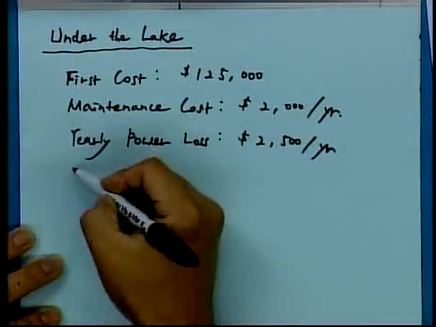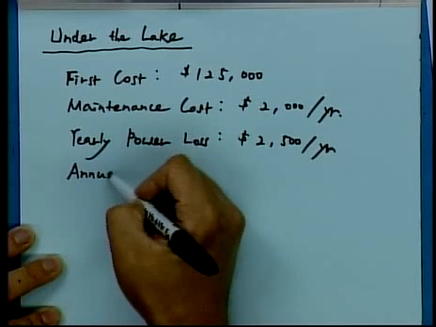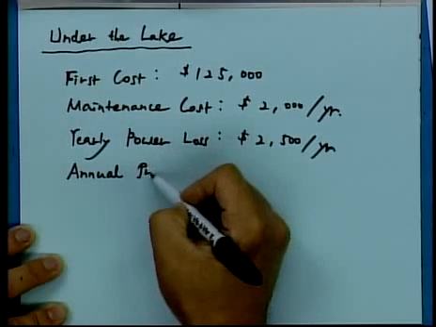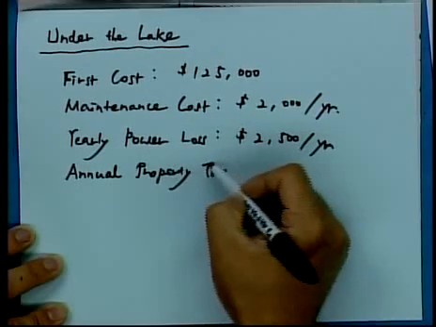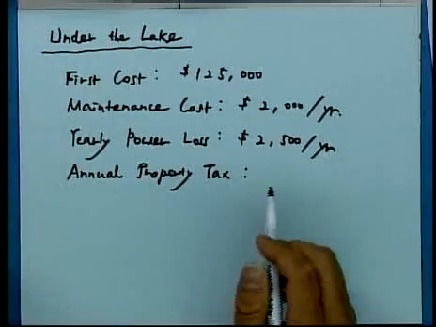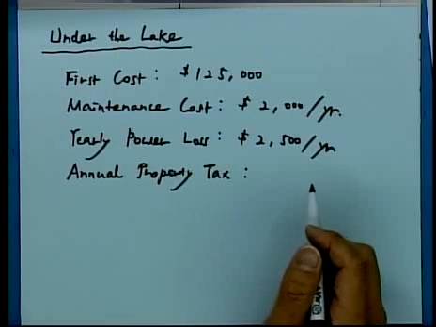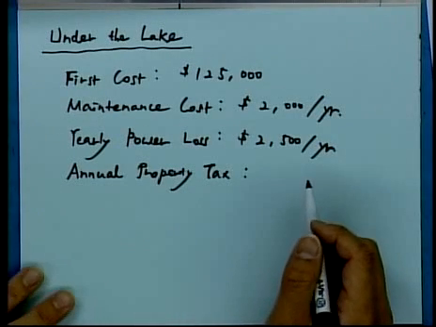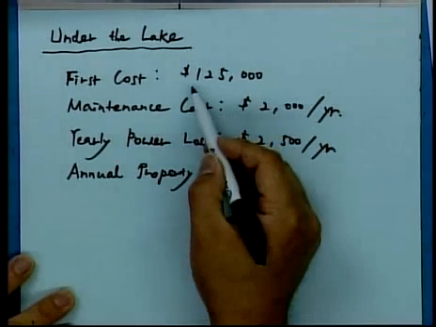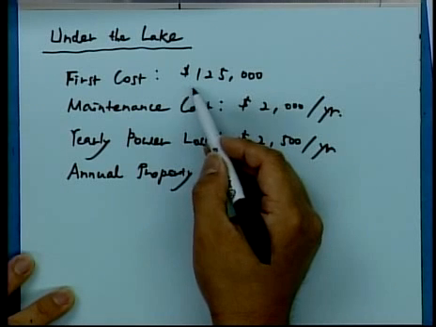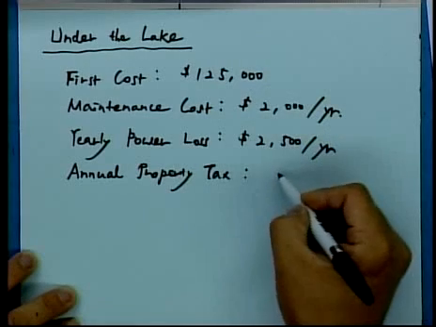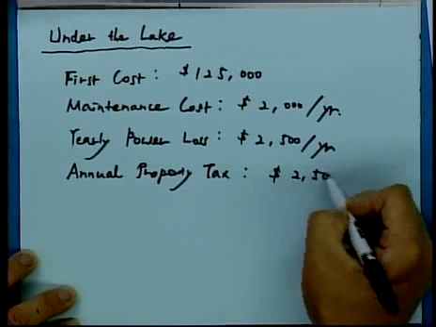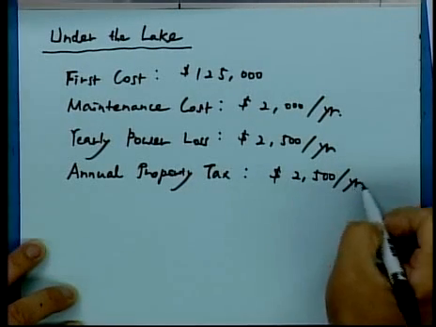And annual property tax, that's going to be 2% of the first cost. 2% of $125,000 would be $2,500 per year. Okay?